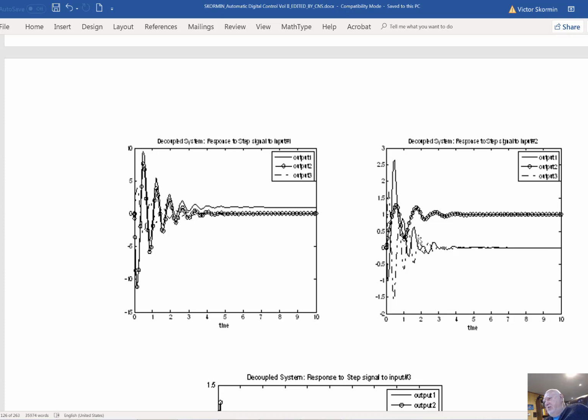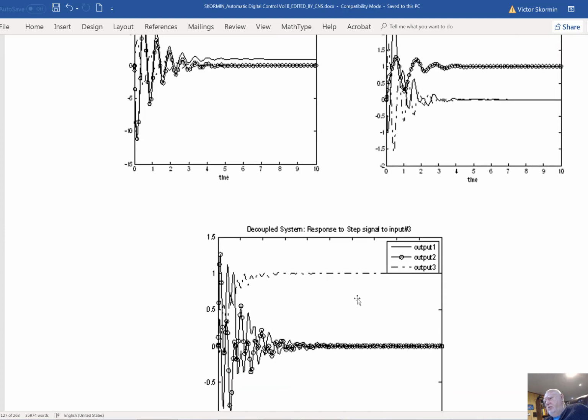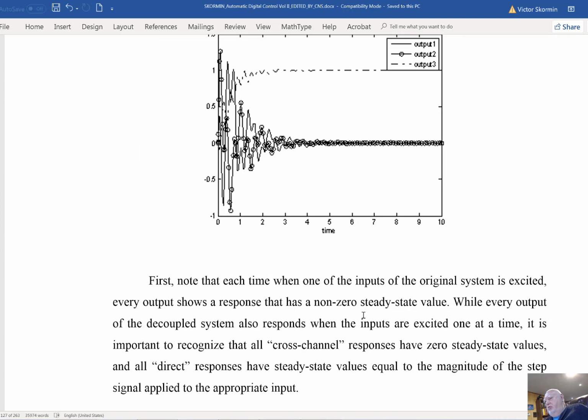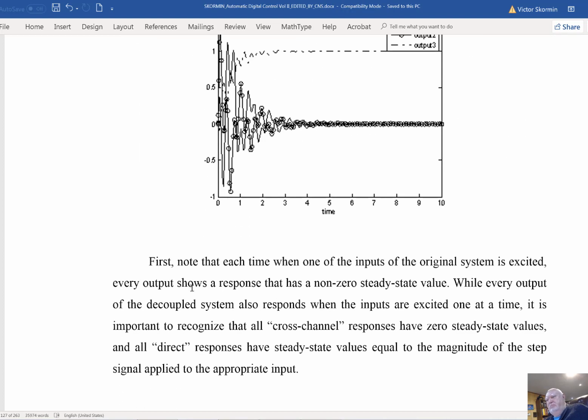However, you see simultaneous transients in all other outputs. Here I did the same thing with the row 2, and so on.